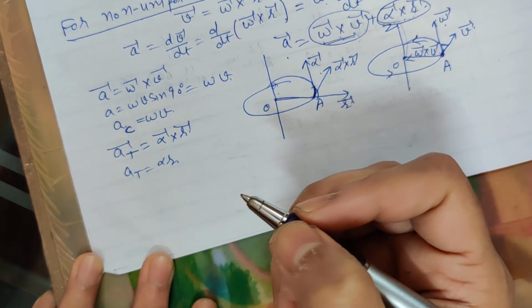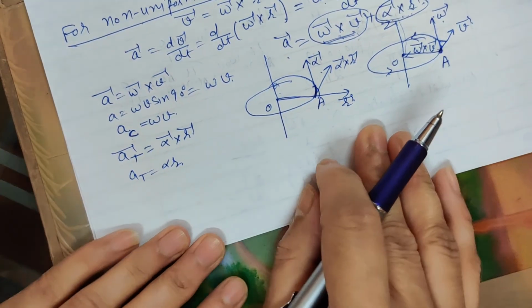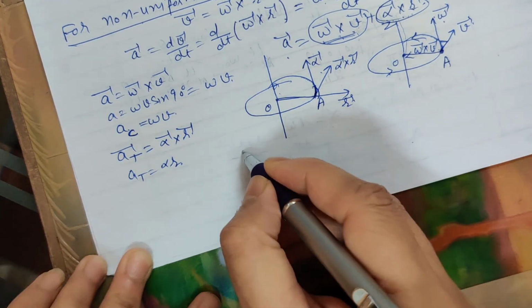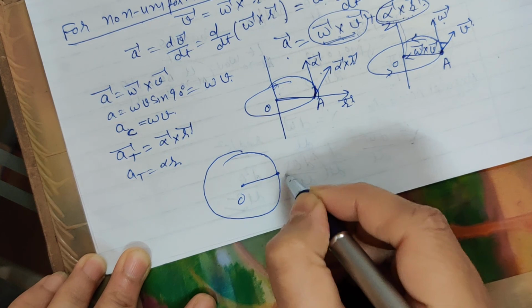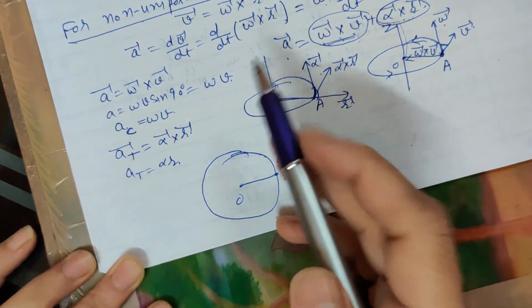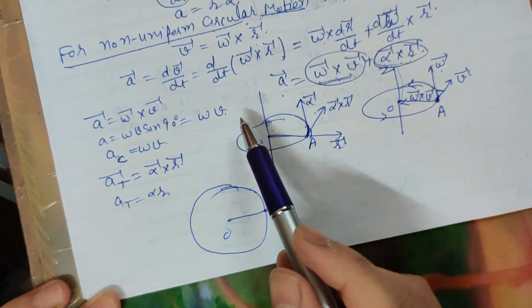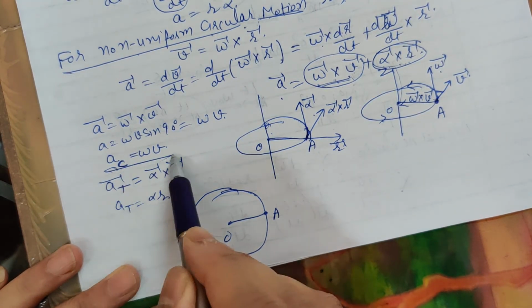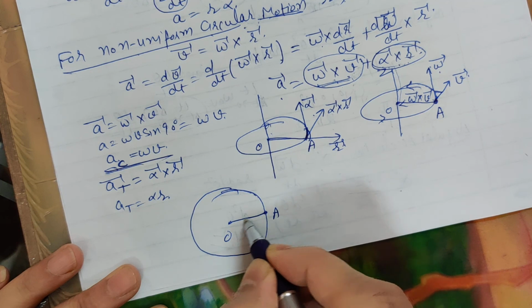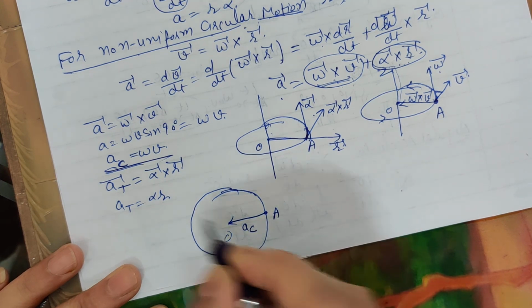So in non-uniform circular motion, if we represent it like this, with the center and this point A, the total acceleration is the sum of two accelerations. One is the centripetal acceleration, radial, along the radius AC.